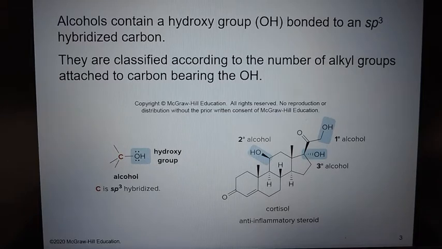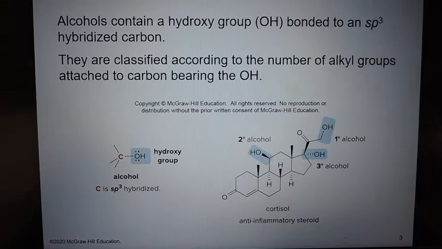And they're classified according to the number of alkyl groups attached to the carbon that also holds the hydroxy or the OH group. For example, the diagram below to the left shows that a hydroxy group is attached to one carbon atom.